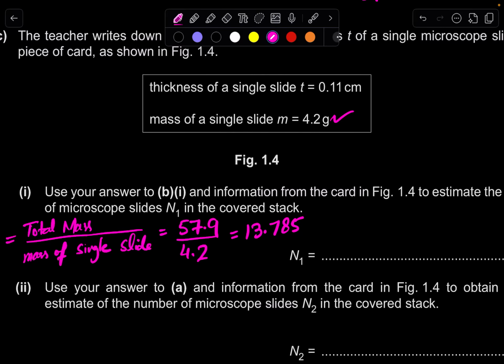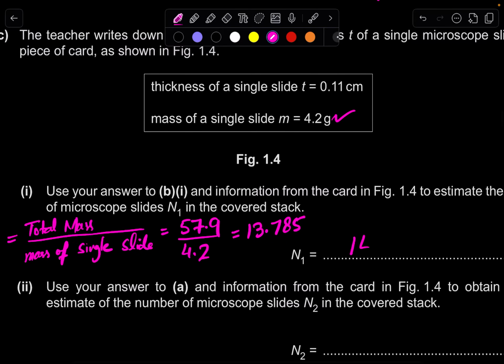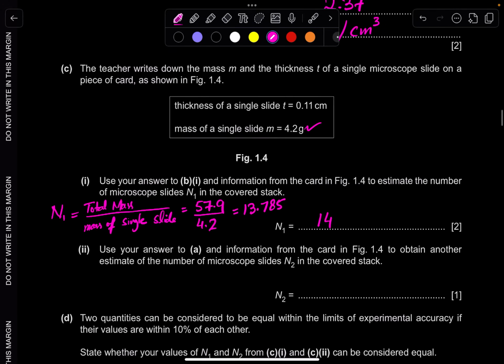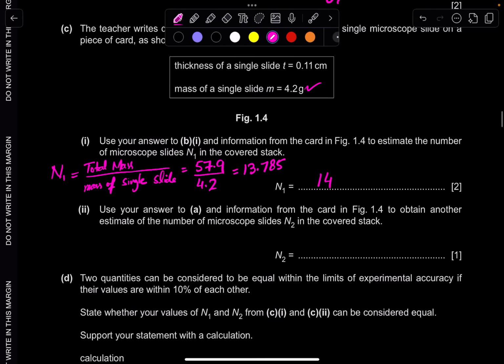Okay, as we have to tell the number of slides, it should be a whole number, right? It can be 13, it can be 14. So both answers are acceptable, but I'm writing 14 here because the answer is closer to 14. You can also write 13 if you want to. Both will be correct.